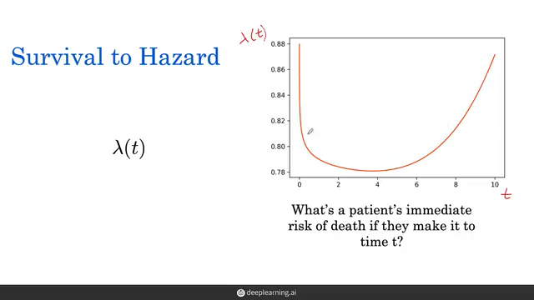And this is what's called a bathtub curve, where the risk of death is very high immediately at time 0 and then goes down and then increases with time. And this can happen, let's say, with some treatment like surgery, where the risk of complications immediately might be very high, but then they go down over time, but then the patient's risk increases as time goes on.